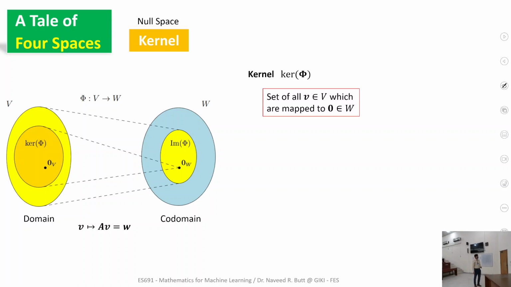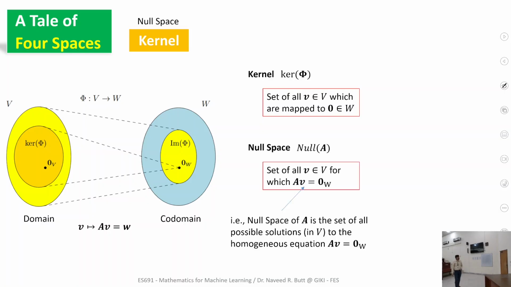So let's look at it. Kernel: set of all vectors in V, set of all inputs which will be mapped to the 0 vector in W. इसी का equivalent null space है, which is the same. It is the set of all v such that Av equals 0_W. दोनों एक ही बात कह रहे हैं, ठीक है.